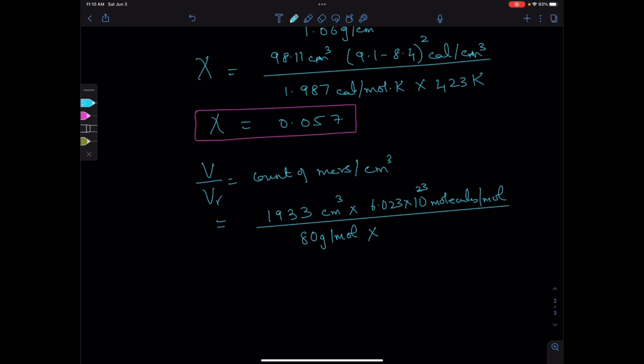Density of polystyrene is 1.06 and that of polybutadiene is 1.01, so it's 2.07 over 2. So the average is 1.035 grams per centimeter cube. So it's the total volume times the average density over the average molar mass.